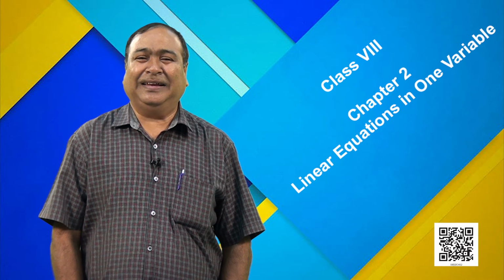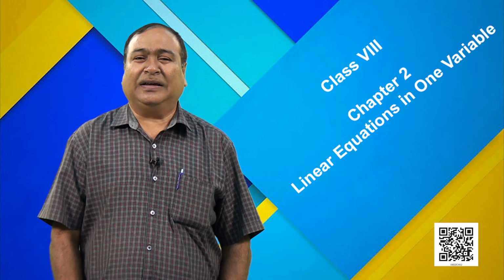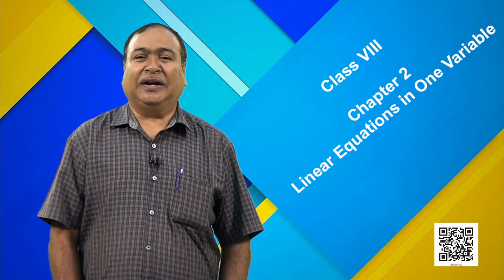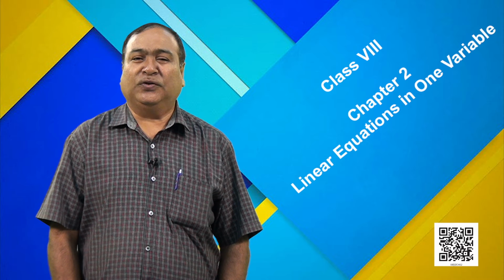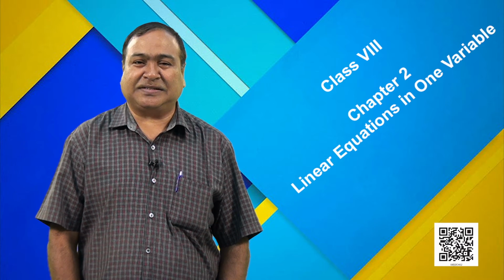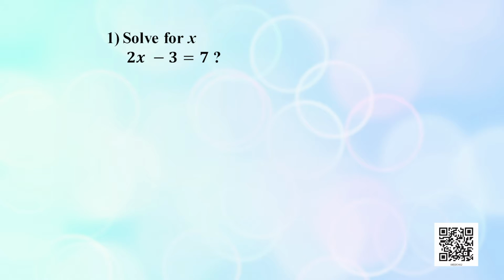Yes, any real number can act as a solution for the given linear equation in one variable. Now, our duty is to find such solutions, and what method we have to apply to find the solution for such equations in today's class. So, let us take the given example itself. Solve for x, 2x minus 3 is equal to 7.